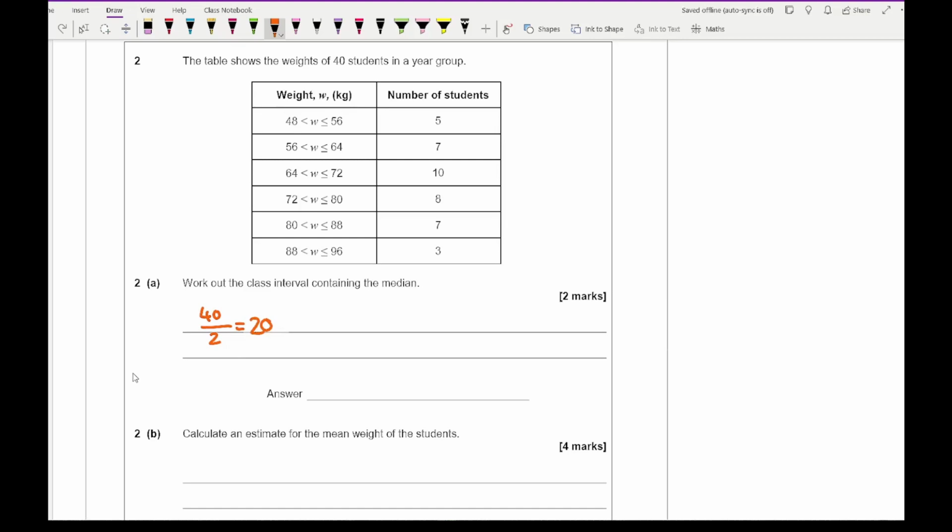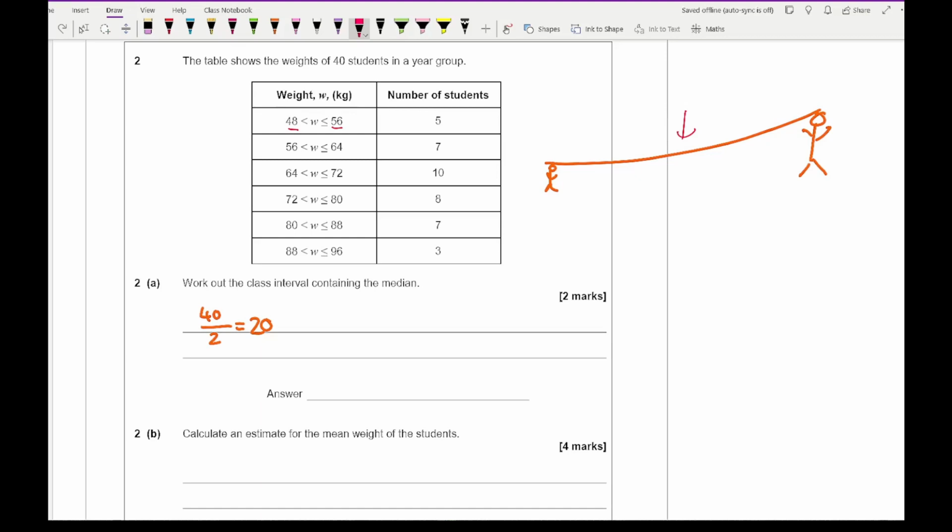So if they're all lined up in a row, like so, here is the smallest person and here is the tallest person. Then I'm looking for the 20th person. So here I've got 5 people that are within 48 to 56. So then I've got another 7 people.